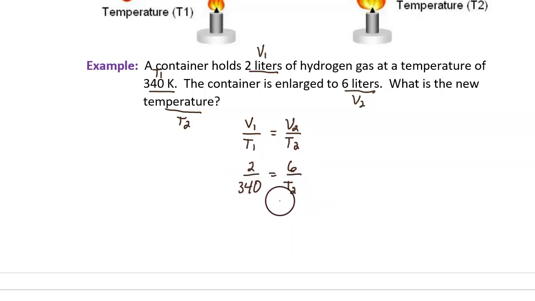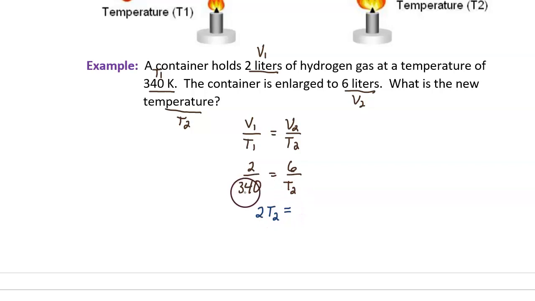Now we need to solve this equation just like you would in algebra class. This has the format of a proportion. One way to solve a proportion is with a technique called cross multiplication. Multiply diagonally. 2 times T2. That makes 2 T2.